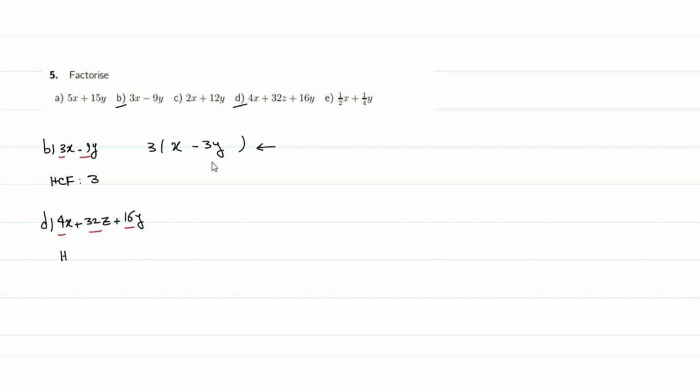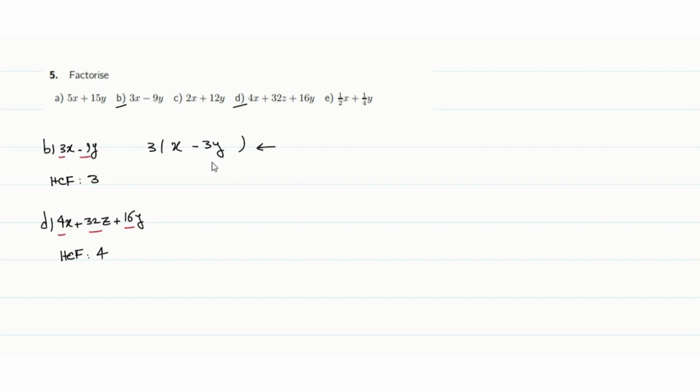We should find the highest common factor, which is the biggest number that we can divide all of these 3 values by, and after that, we can progress with the factorization. So the highest common factor between 4, 32, and 16 is 4 itself.